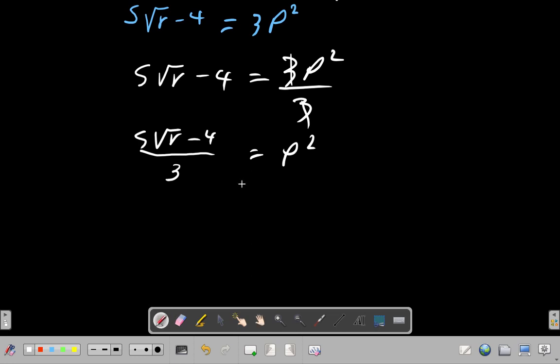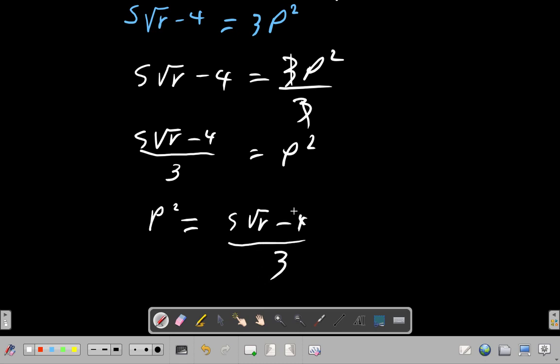Now, let's rewrite this so that the p squared is on the left. We generally read from left to right. This is saying s square root of r minus 4 divided by 3 equals p squared. Let's put it as p squared equals s square root of r minus 4 divided by 3.